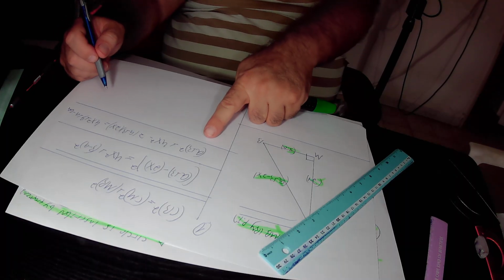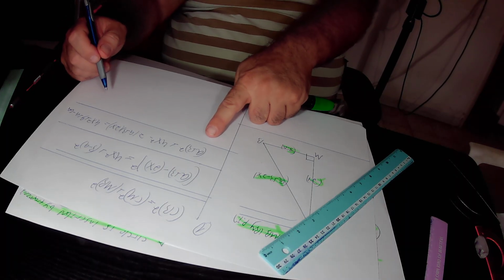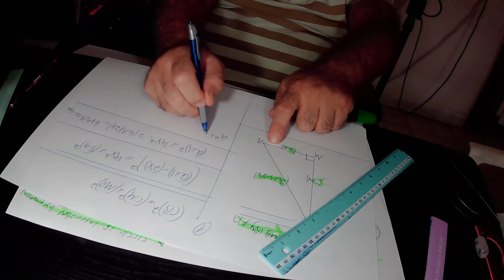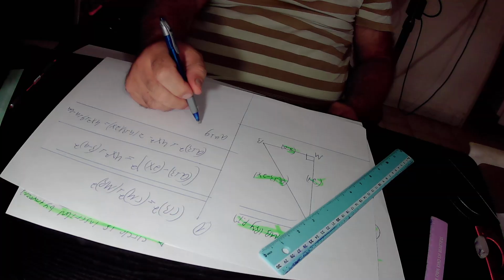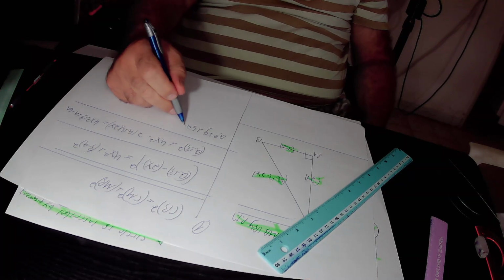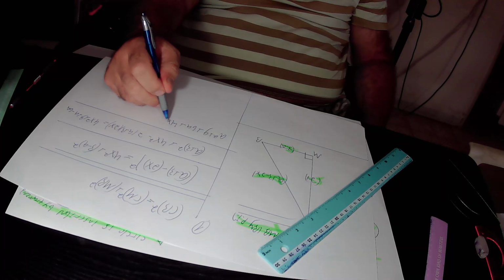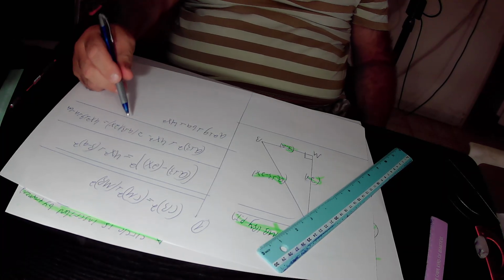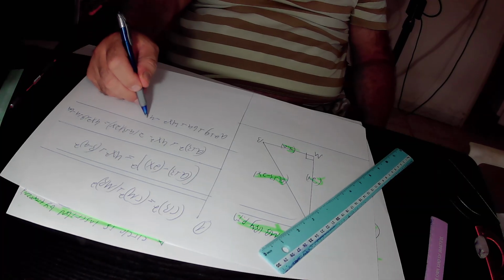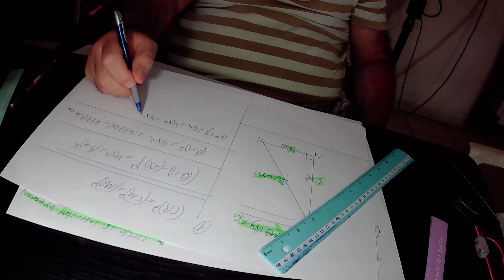We'll open the brackets of this expression. (a plus 3) squared equals a squared plus 3 squared, that is 9, plus 2 times a times 3, that is plus 6a, plus 4x squared, minus 2 times 2x, that is minus 4x, times (a plus 3).